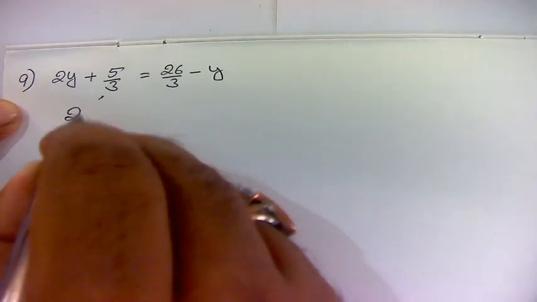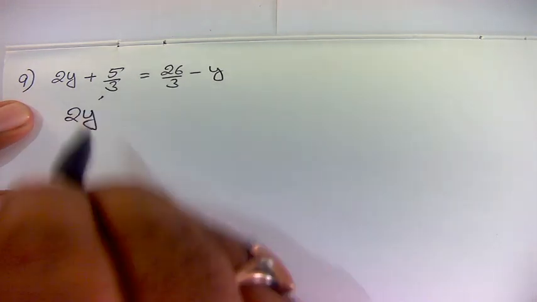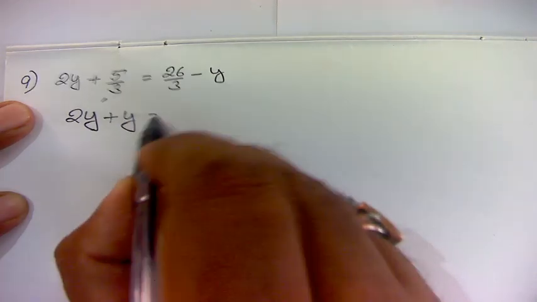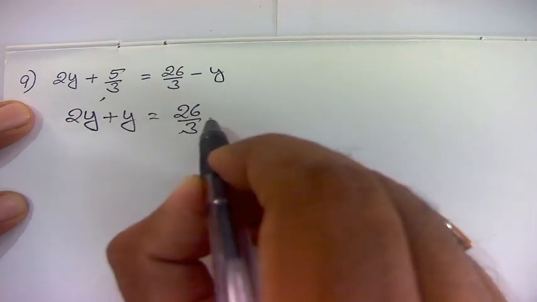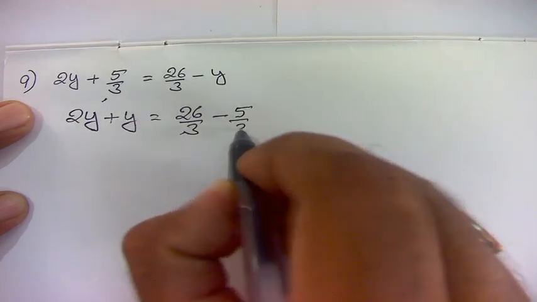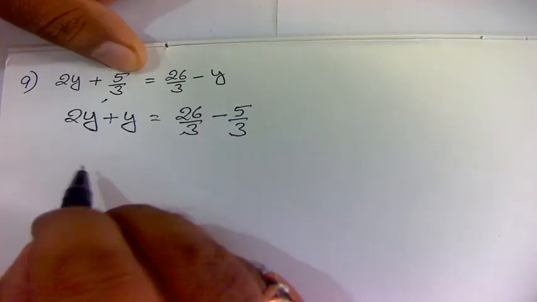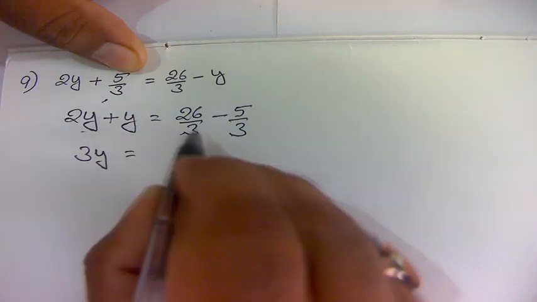Now here 2y. This minus y, when you move it to the left side, you get plus y equals to 26 upon 3, and 5 upon 3, when you bring it to this side, it is minus 5 upon 3. Now simplify it. 2y plus y gives you 3y.